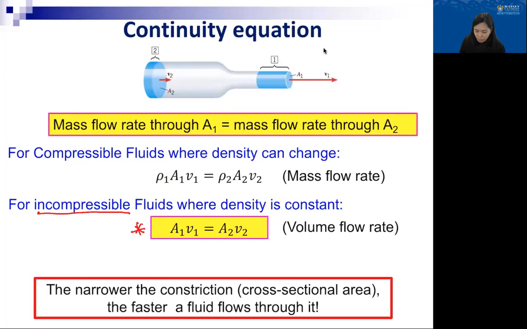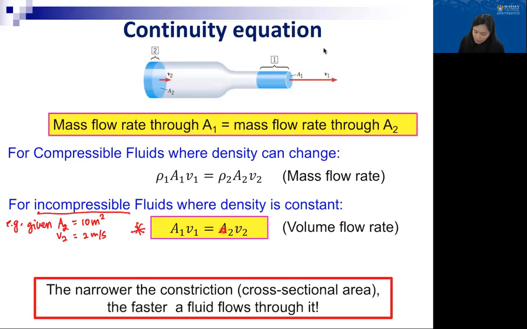So say, for example, we're given that the area, so that's a bigger area, area 2 is equal to 10 square meters, and the speed of the fluid at this cross-sectional area is, say, 2 meters per second.